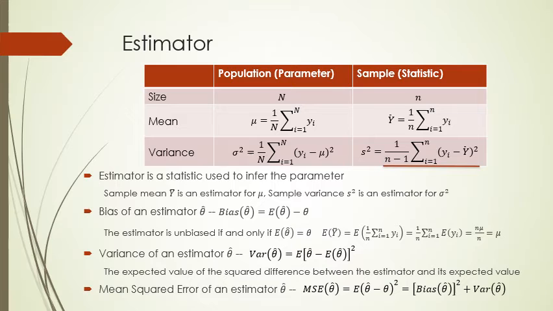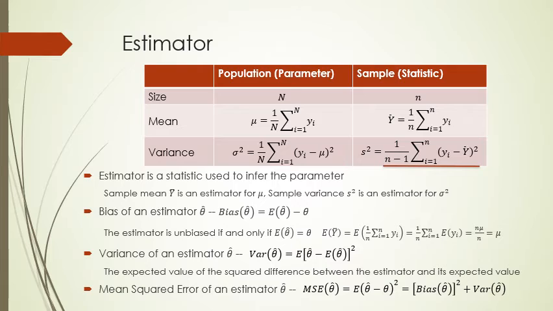So here, sample mean y bar is an estimator of the population mean mu, and the sample variance S square is an estimator of the population variance sigma square. If the estimated parameter is theta, we may write this estimator as theta hat.